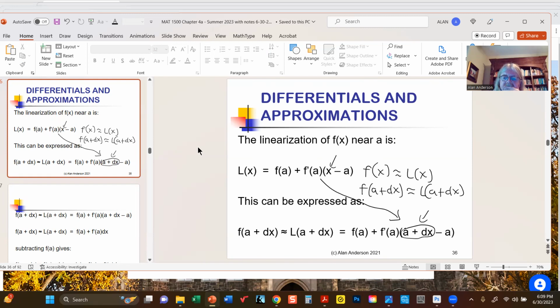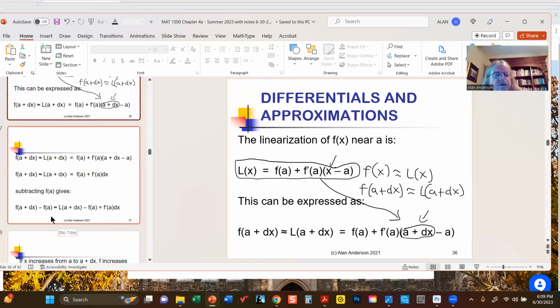Instead of what we started out with, we're going to replace the x with a plus dx. In other words, we're thinking in terms of a and something very close to it, a plus dx, rather than x itself.